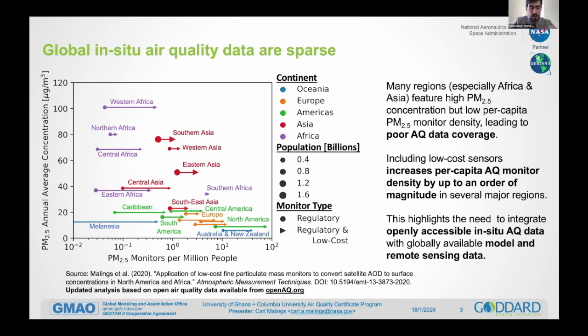You can see, especially if you consider that horizontal axis showing the density of PM 2.5 monitors per million people of population on a regional basis, that that's in a logarithmic scale. So there's quite a bit of disparity there in terms of how much ground-based monitoring is actually available, even taking new technologies like low-cost sensors into account, which are increasing that availability. There's still quite a bit of discrepancy there, and that's a place where I hope to show you in the next few minutes why satellites can help to resolve that.